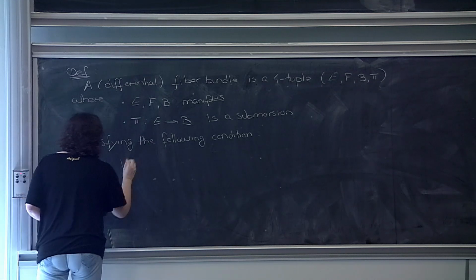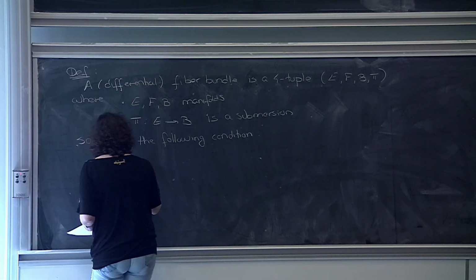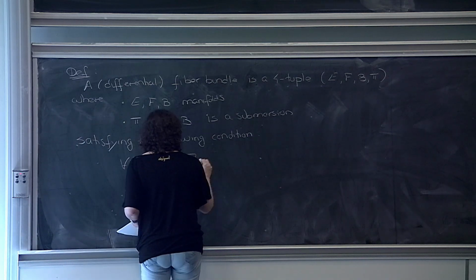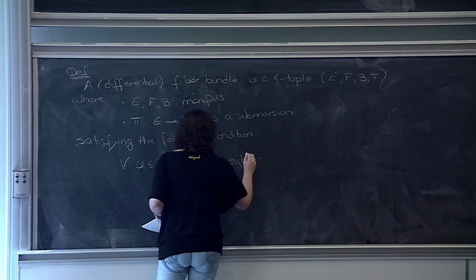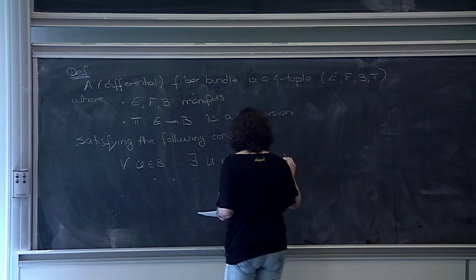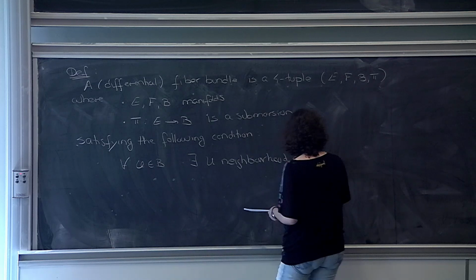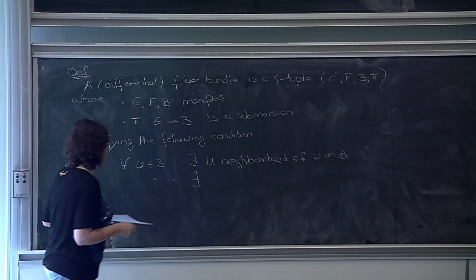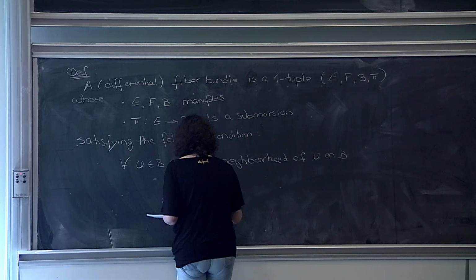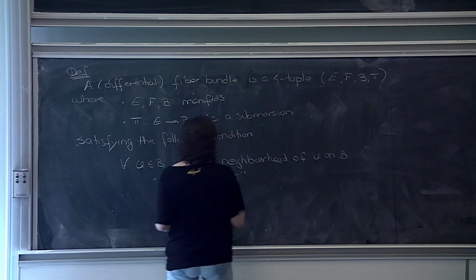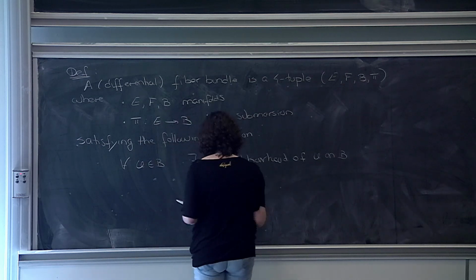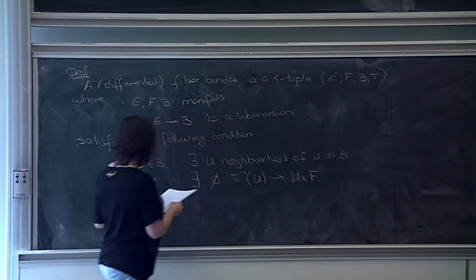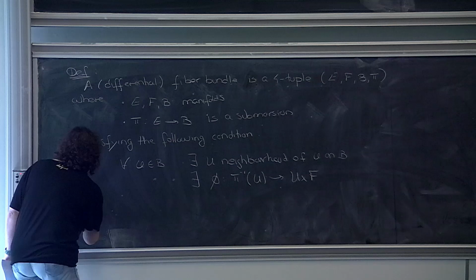For every point x on B that we fix, there must exist a neighborhood U of x in B, and there must exist also a diffeomorphism phi from pi minus 1 of U to U times F, such that the following diagram commutes.